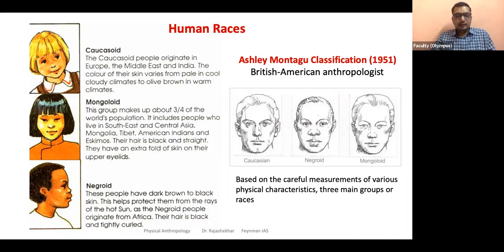What he had done, based on careful measurements, basically he quantified some of the physical characteristics, and based on them, he classified humans into three races. Some of them fall into the previous categories. The three major categories we usually see, with slight variation from source to source, are the most common human races: Caucasians, Negroids, and Mongoloids.